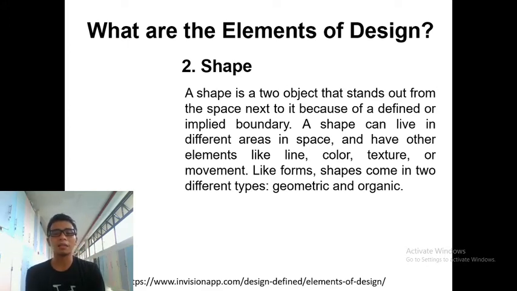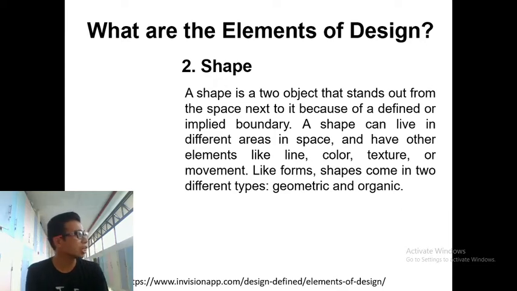A shape can live in different areas in space. For example, when you look at the wall and see a frame, what shape is the frame? A shape can be in a place. My background is a space.